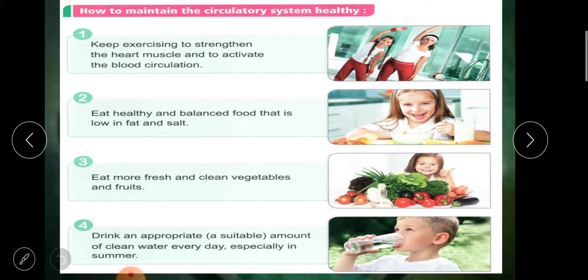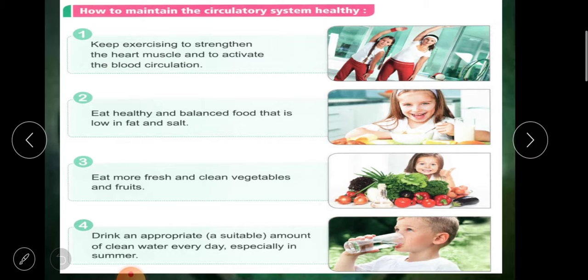Number 4, drink a suitable amount of clean water every day, especially in summer. You know that we must drink at least 8 cups per day. So we have to drink a suitable amount of clean water, especially in summer.